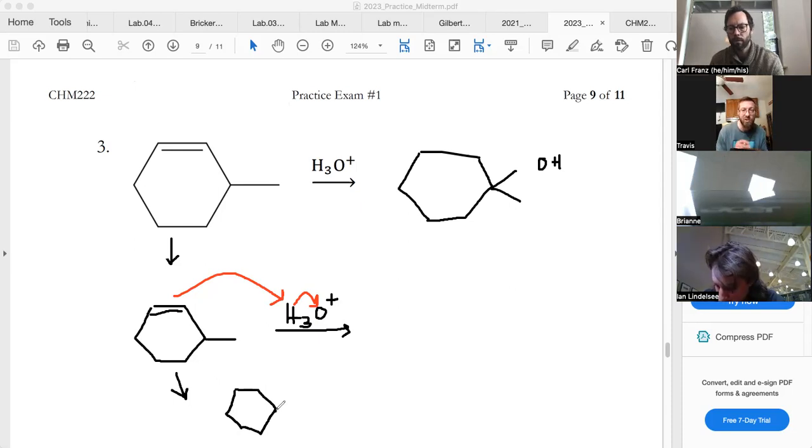Yeah, because it's the electrons in the double bond attacking the hydrogen, not the hydrogen attacking that. So, remember, there's a hydrogen here, right? We didn't draw that in the skeletal structure, but what that's going to do is put a charge right here, right? We're going to have a carbocation on a secondary carbon.